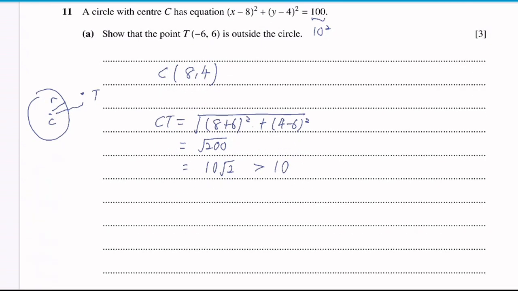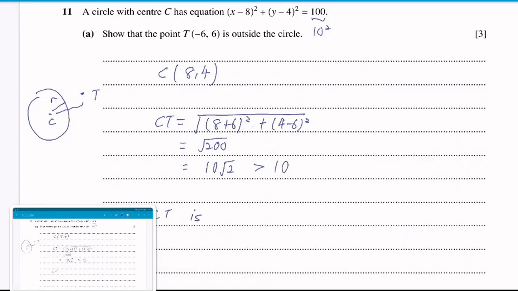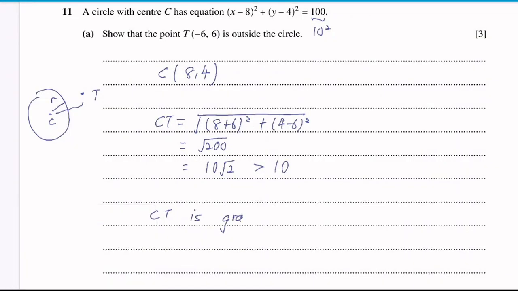So you can say that because CT is greater than the radius, T is outside the circle. This is quite an interesting question.